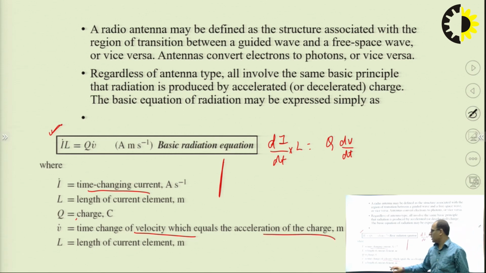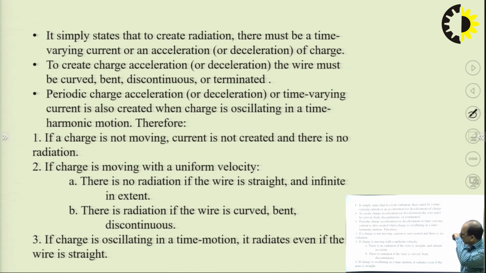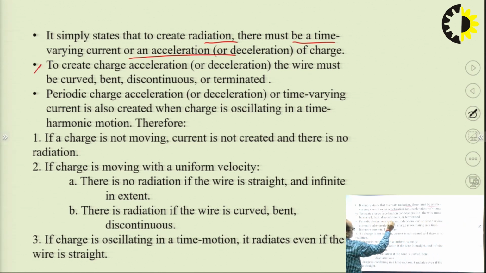It simply states the conditions for producing radiation: to create radiation there must be a time varying current or acceleration of charges, and to create a charge acceleration the wire must be curved, bent, discontinued or terminated.